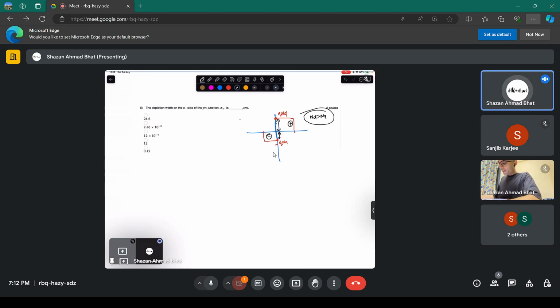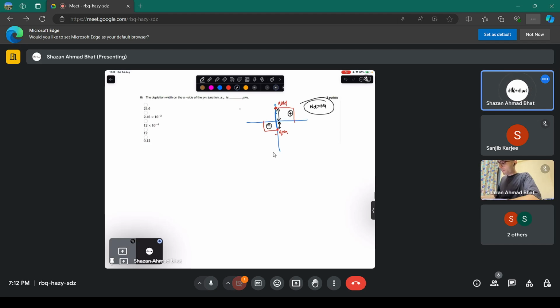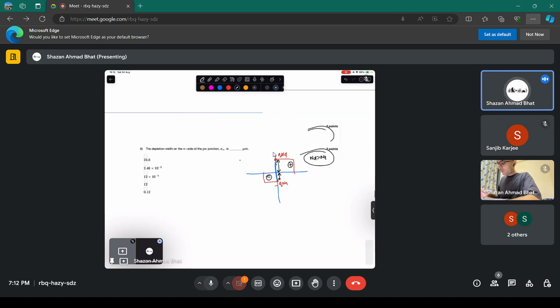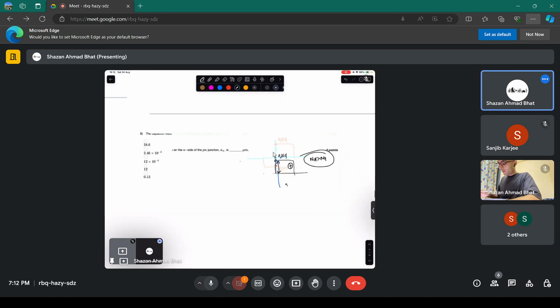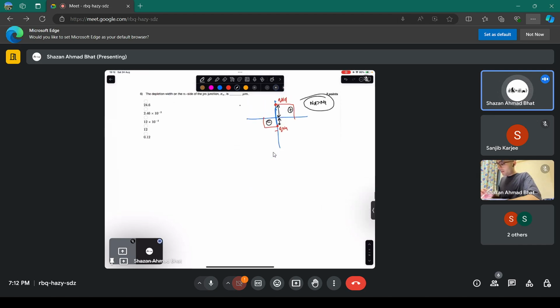Now we need to find the depletion width on the N side. ND is given as greater. So, the depletion region on the N side, because we know from the previous concept that if one region is highly doped and the other region is lightly doped, then the depletion region penetrates towards the lightly doped region in order to neutralize the number of positive and negative charges. So there will be more negative charge on this side. It will be more spread on this side, and there will be less positive charge on this side.